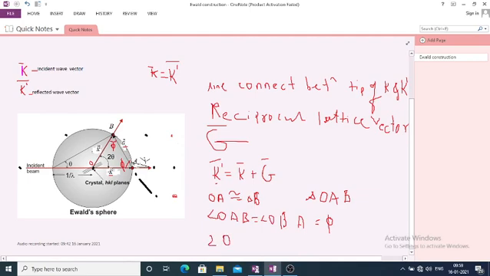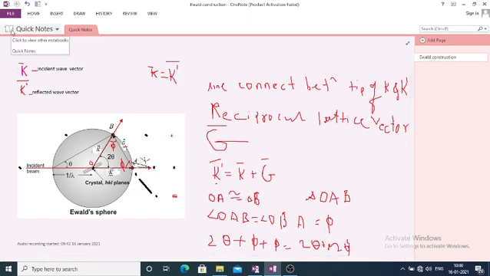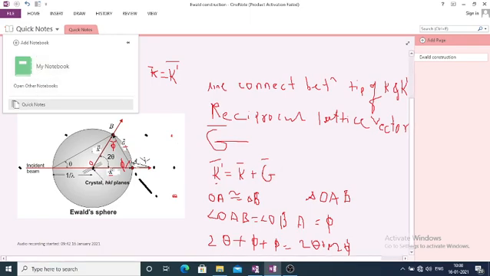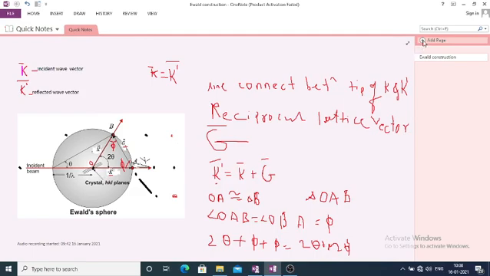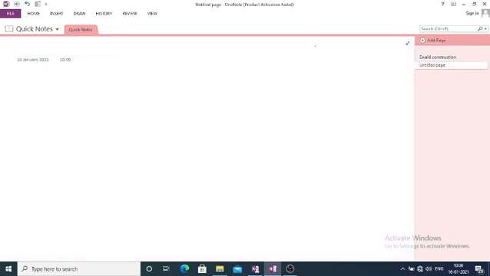So we get 2 theta plus phi plus phi, which is equal to 2 theta plus 2 phi.